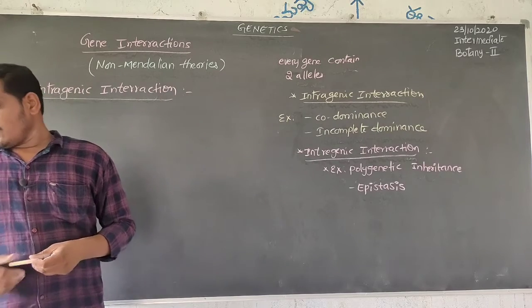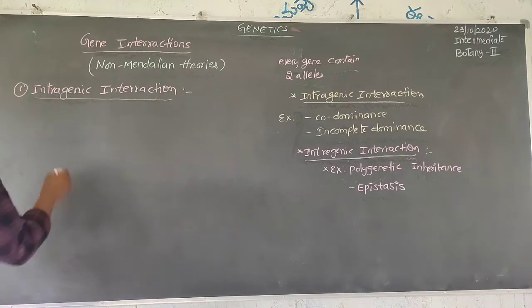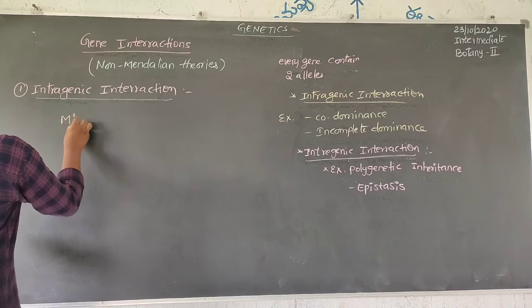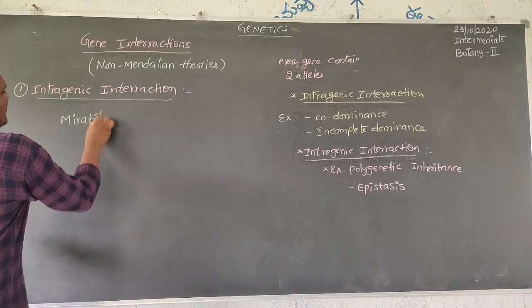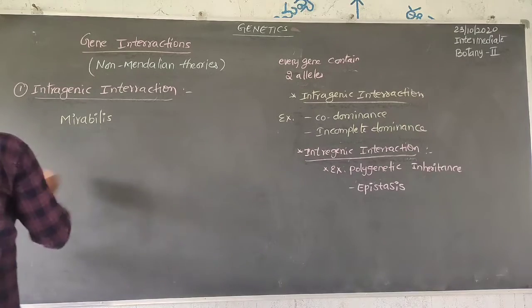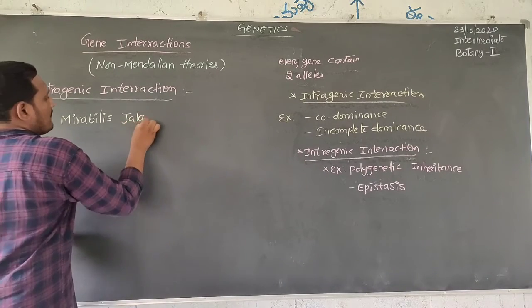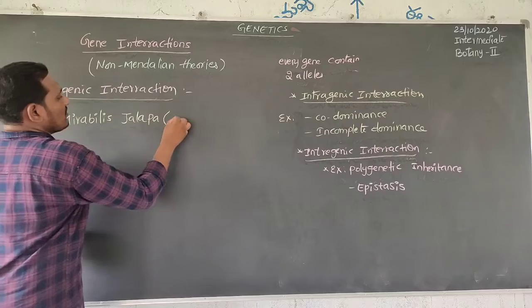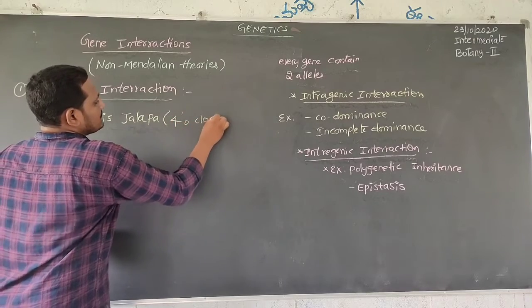Two plants are mainly there. One is Mirabilis jalapa, which is also commonly called the 4 o'clock plant.